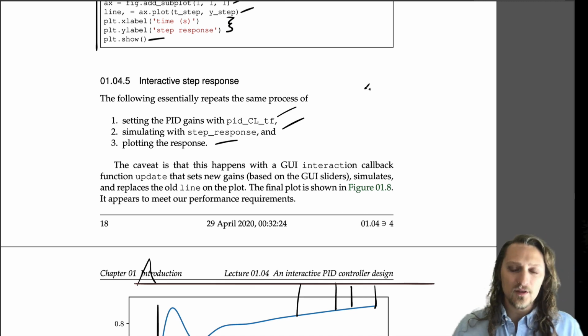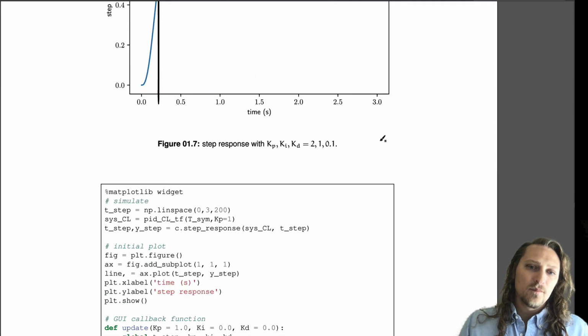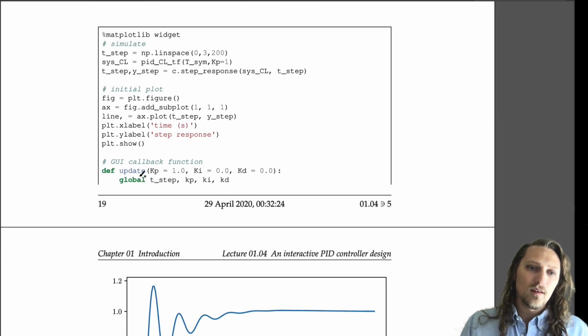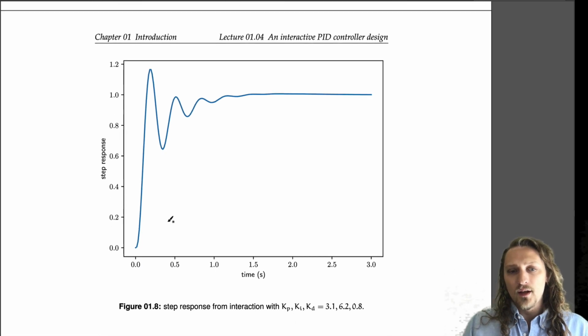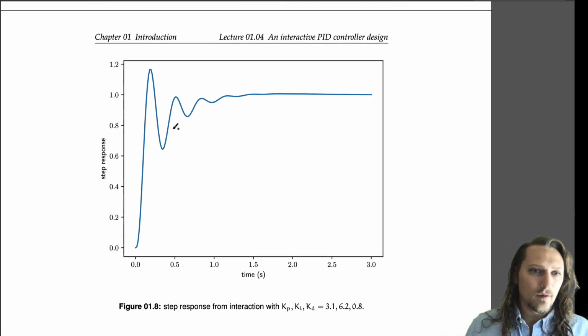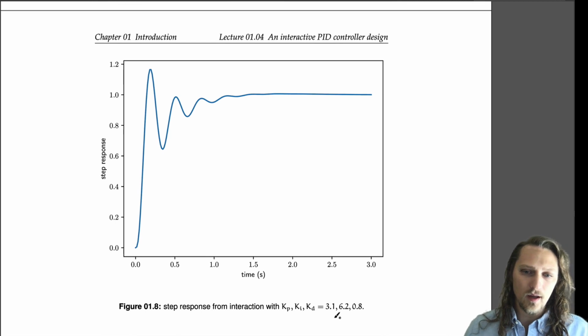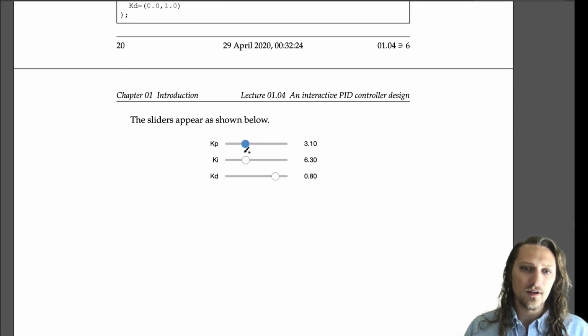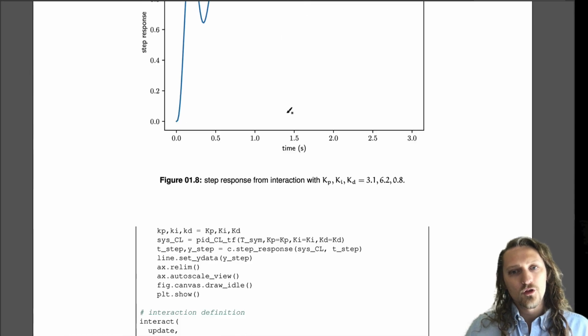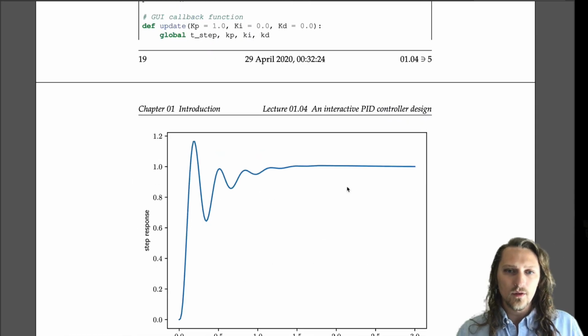We do that in this sort of interactive loop, and this is the code for it here, and this is what we get for a response when we've got these gains. So we take the 3 sliders here, we move them around, and this is what we ended up with.